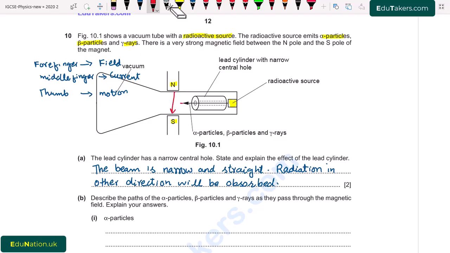It will be in a downward direction and the current is flowing in this direction. So the magnetic field is downward. It's the magnetic field and it's the direction of current. Then we have to apply the Fleming left hand rule. The direction of motion comes out to be out of the page, towards you.